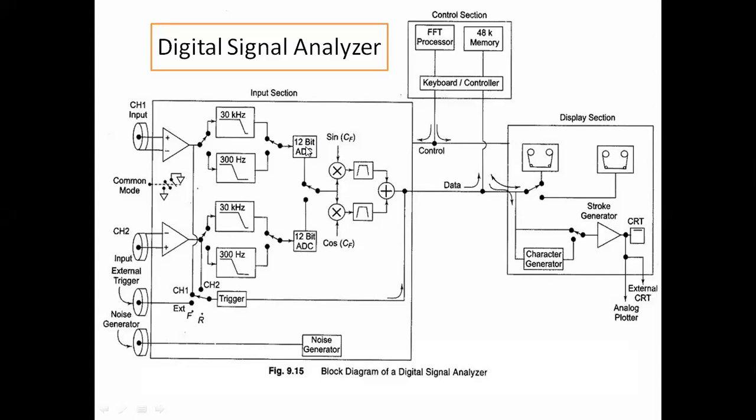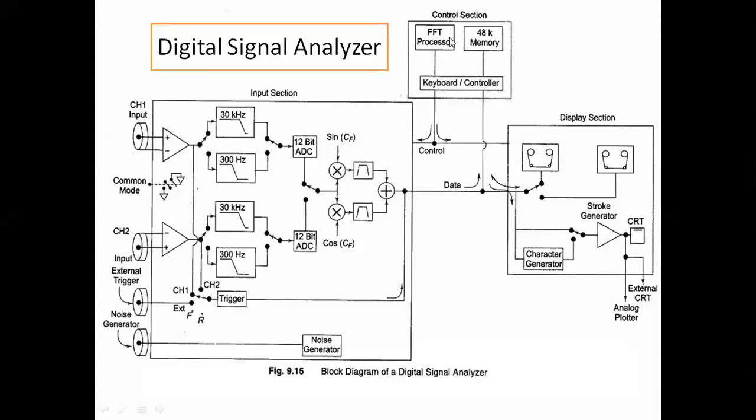That is connected to a multiplier, where the signal is multiplied with a sine or cosine function, and that is given to a digital filter. From there it is sent to the control section of the fast Fourier transform processor.